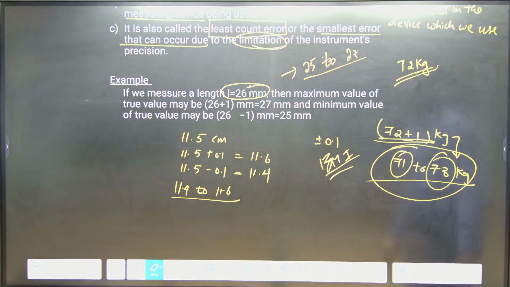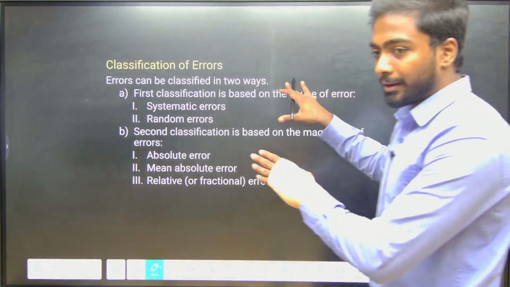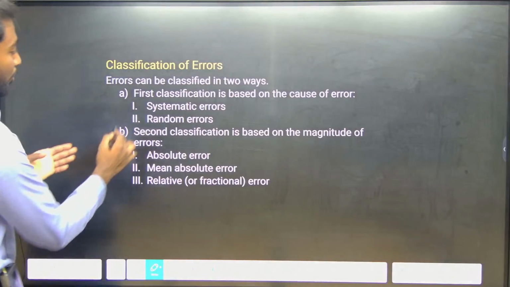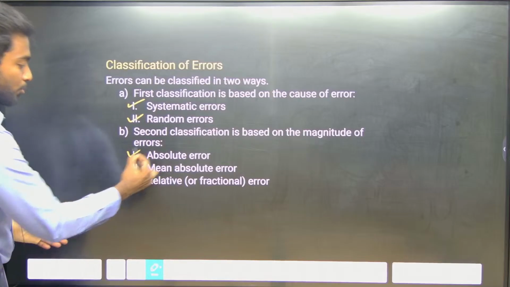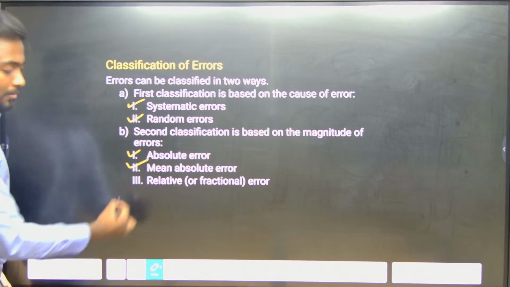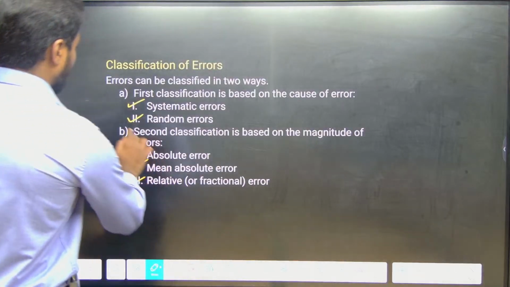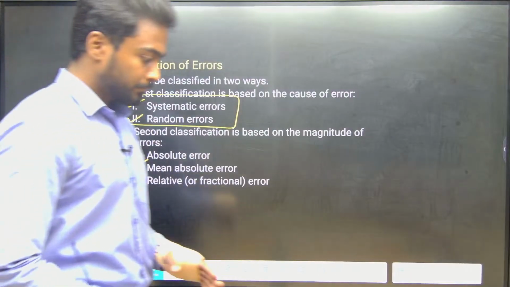The next one is classification of errors. Permissible error is the first one. The second one, we are talking about systematic error, random error, absolute error, mean absolute error, relative error. In this class, we will particularly talk about the meaning of systematic and random errors.